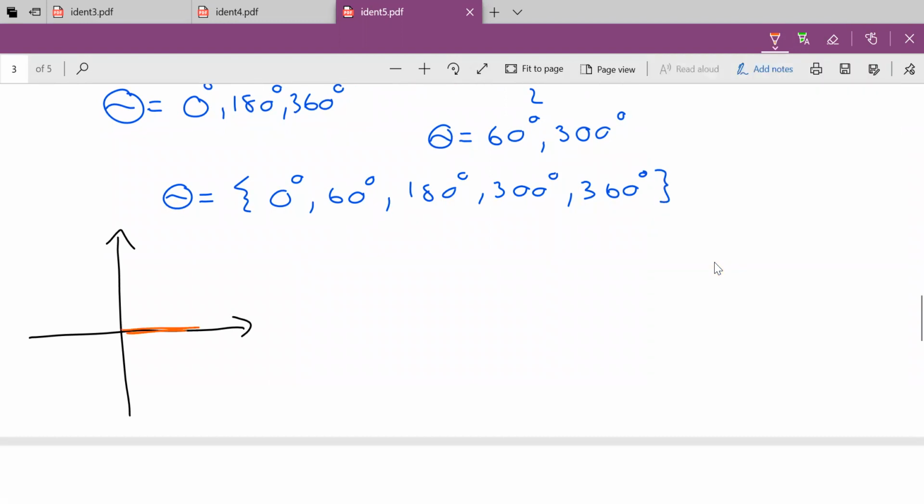Well, here's 0, 60, 180, 300, and back to 360. Okay, what you're looking for here is you're looking for a pattern between the distances, angular distances, in our solutions.